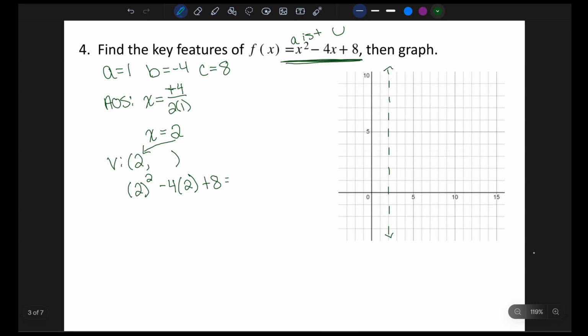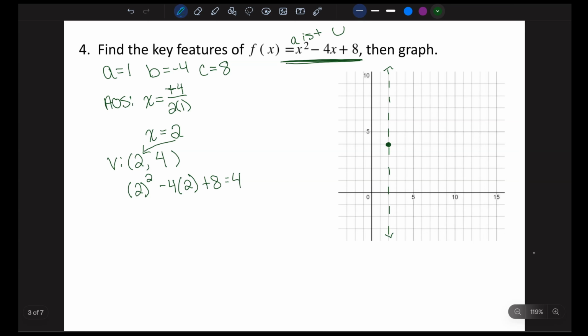So I have 4 minus 8 plus 8, which gives me a y value of 4. So my vertex is going to be at the point 2, 4. So I'm going to put my vertex 2, 1, 2, 3, 4 on there. Now remember, the dotted line just shows this is a guideline. Your vertex should always be on that line, because they share an x value.